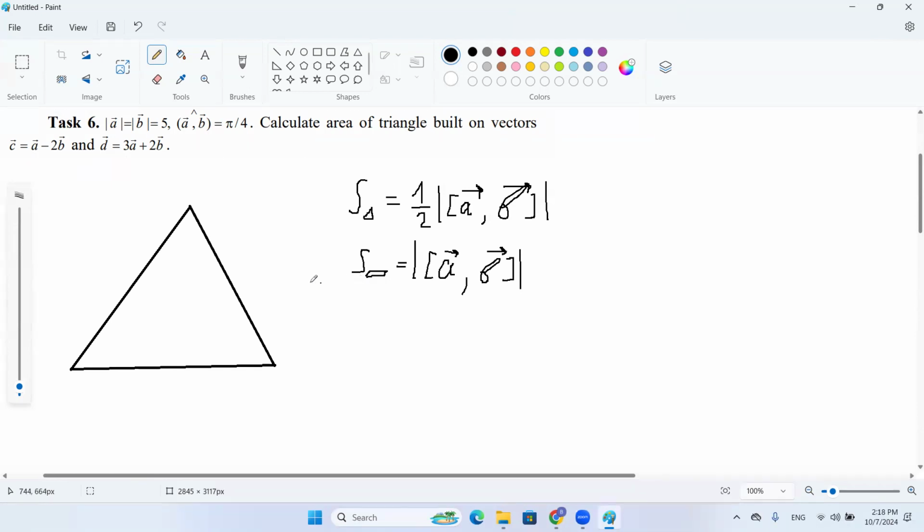Do you understand what we are going to use here? Yes. And what do we firstly have to find? The cross product of C and D. Correct.